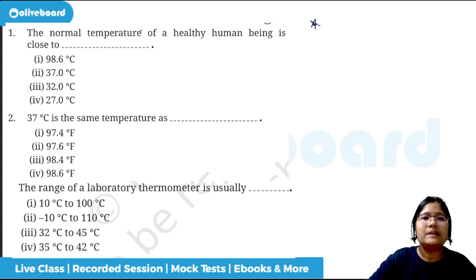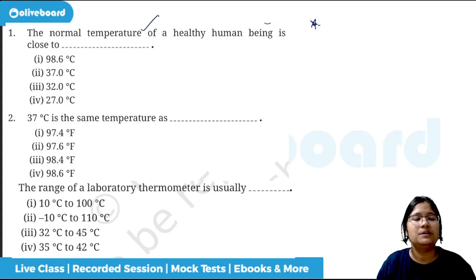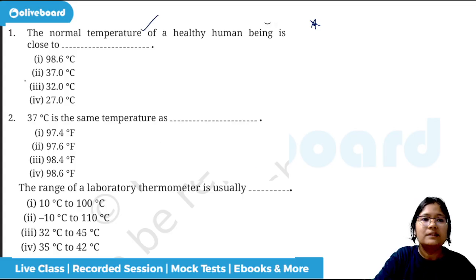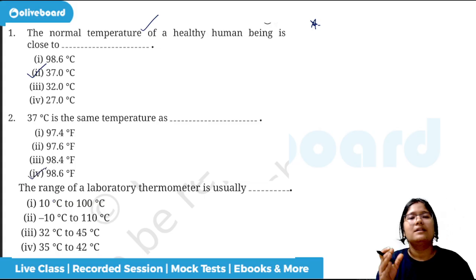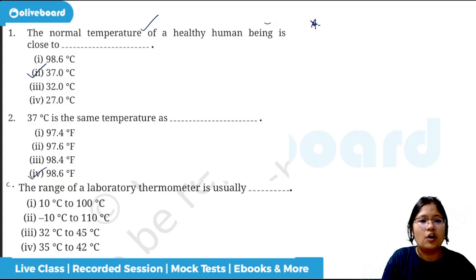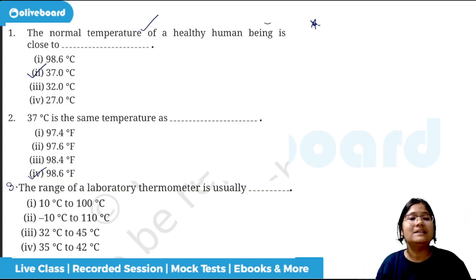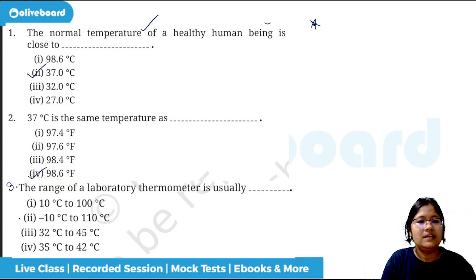The normal temperature of a healthy human being is close to 37 degrees Celsius, that is 98.6 degrees Fahrenheit. The range of a laboratory thermometer is usually -10 degrees Celsius to 110 degrees Celsius.